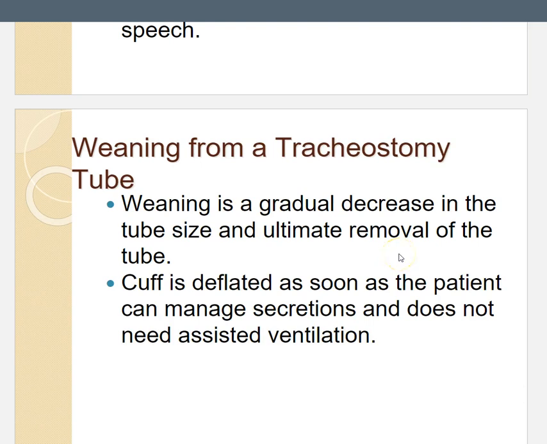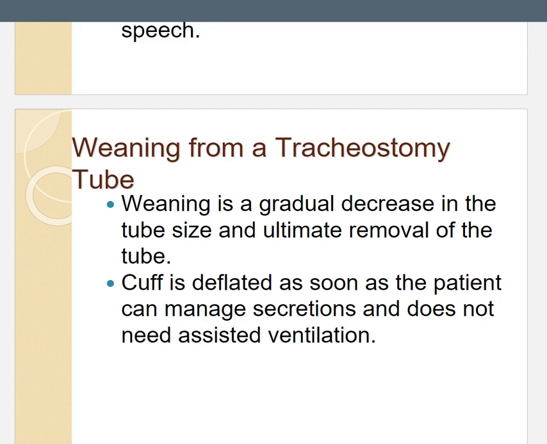Weaning is a gradual decrease in the tube size and ultimate removal of the cuff. The cuff is deflated as soon as the patient can manage secretions and does not need assisted ventilation. Sometimes what they do is they'll take out the size 7 if that's what the patient had initially, and then put in a smaller trach, maybe a 6 or a 5. If the patient does okay, then we can start weaning them and take it out, especially if it's a temporary trach.